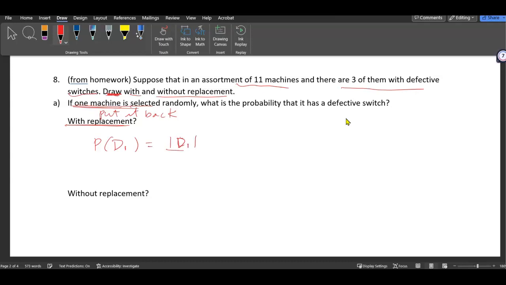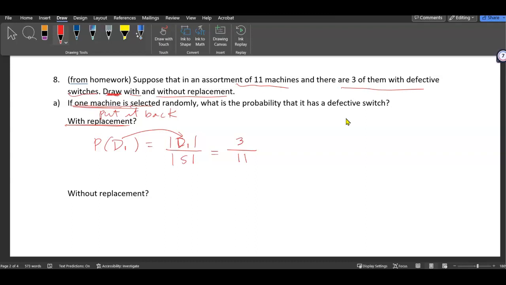How many, the cardinal number of the defective, out of the whole sample space, right? The sample space is any machine, any one that you can choose from. So that's 11. And how many defective? That's 3. So this is it if it's just a simple event.